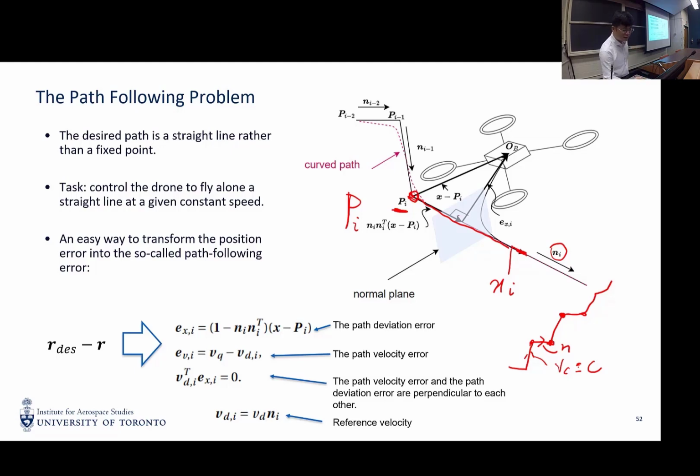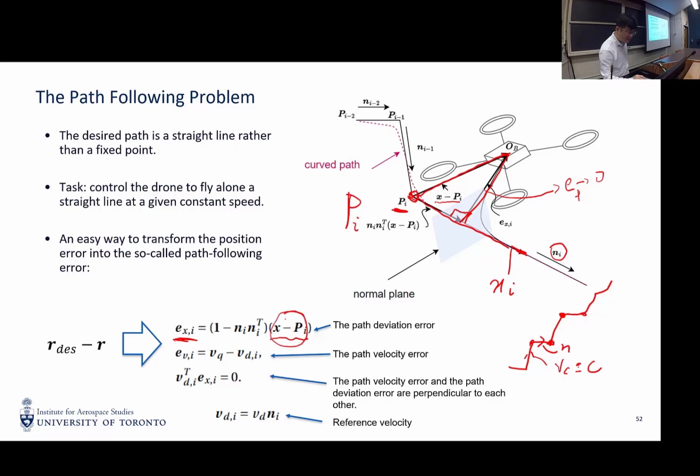As we can see from the geometry, if we view the vector from the starting point to the quadrotor as a position error, x minus p_i, we only want its perpendicular component to converge to 0. If the quadrotor slides along this line, it's fine, as long as it does not move away from the line segment.